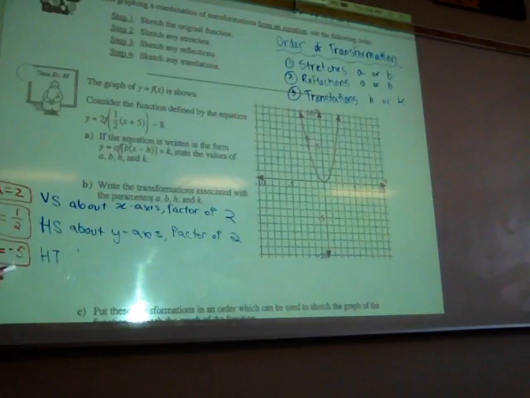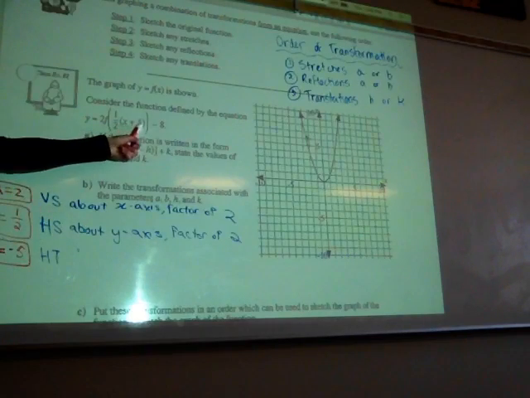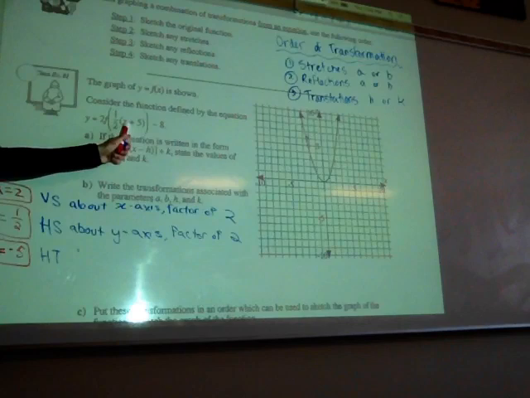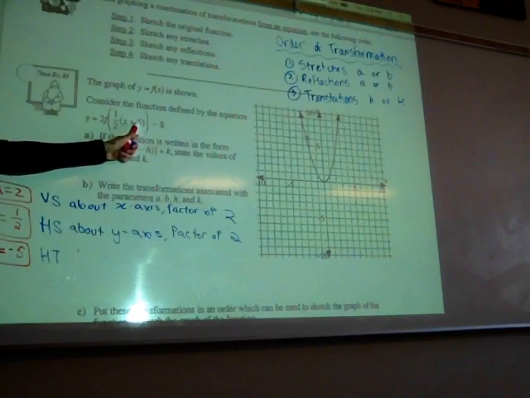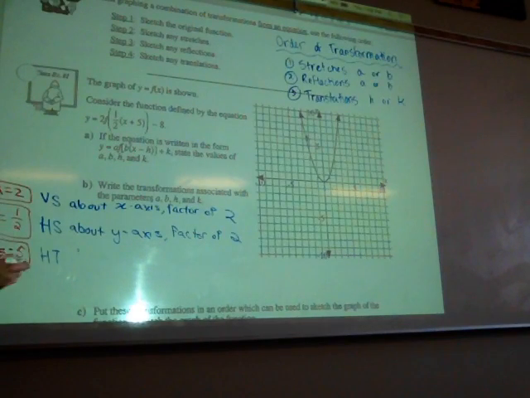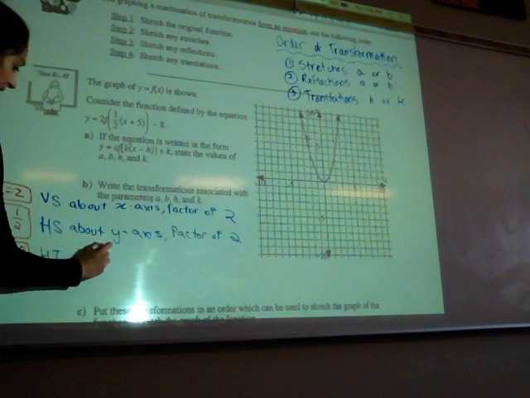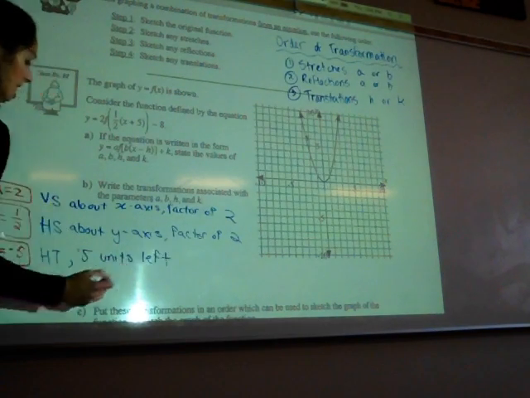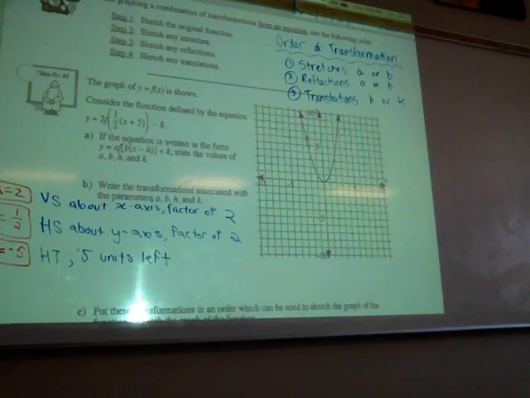If h is negative, but in the equation the sign is positive, we move left. x plus 5, h is actually a negative 5. So we move left because h is negative. Okay, so that will be 5 units left. These horizontal factors, they just mess with you, eh? It's always opposite what you think.